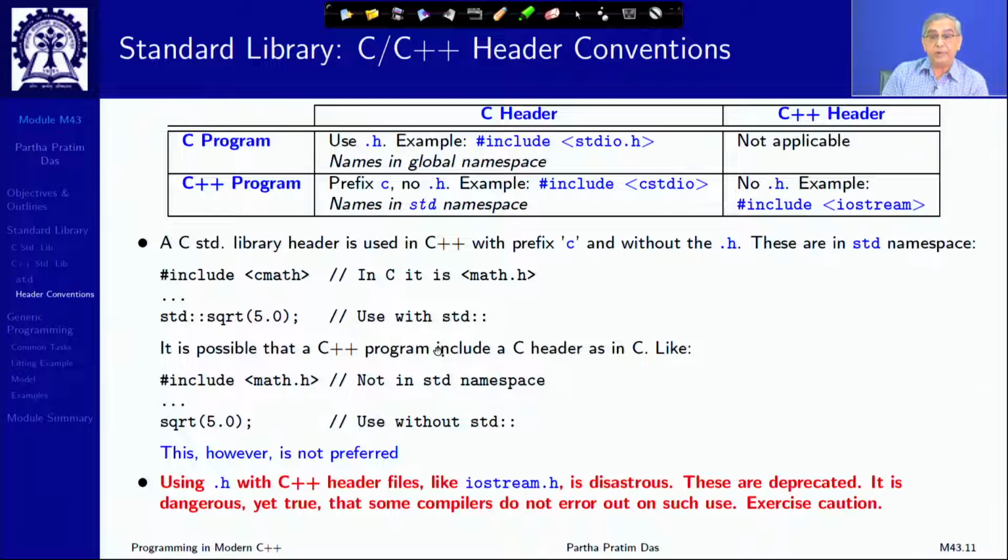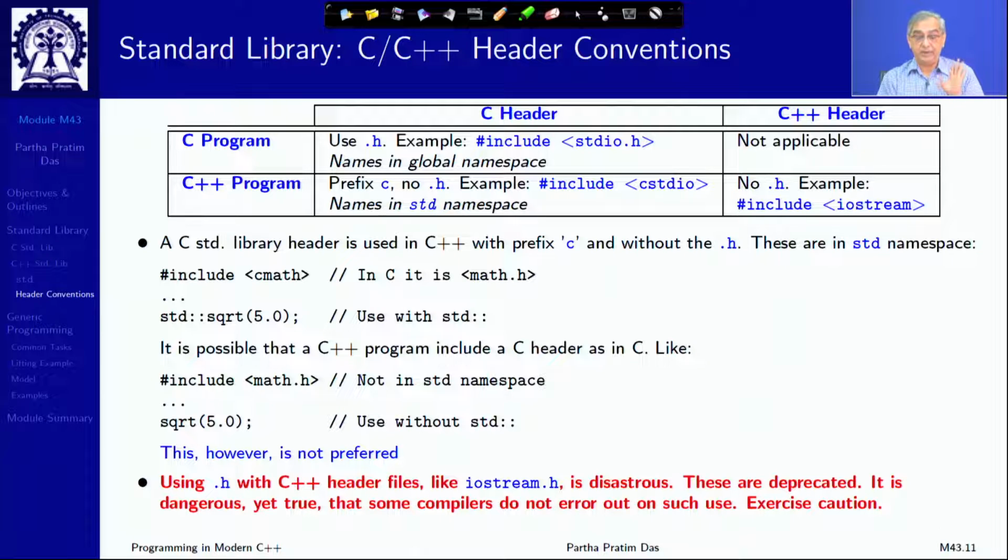In terms of header names, all headers in the C standard library have an extension .h, like stdio.h, whereas in C++ the standard library headers do not have this .h extension. If they are standard library headers borrowed from the C standard library, then their name is prefixed with C and the .h is dropped. So, stdio.h to be used in a C++ program must be included as cstdio.